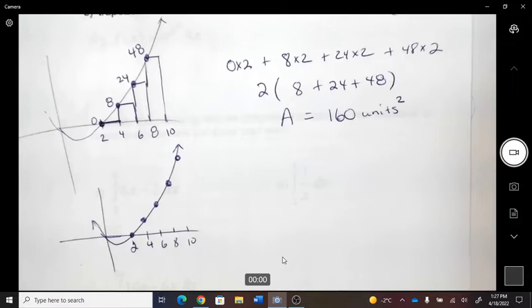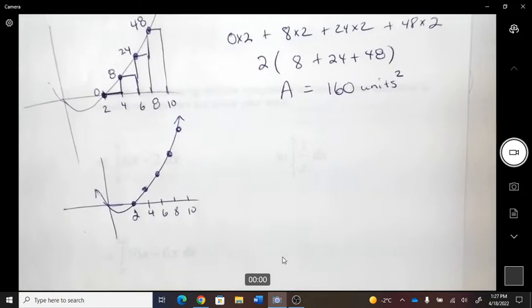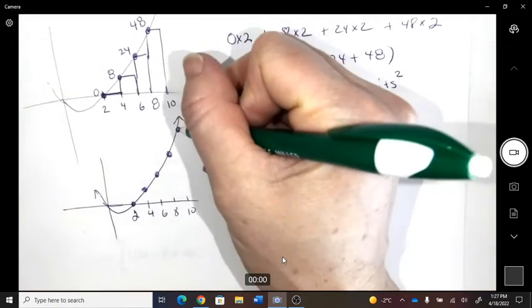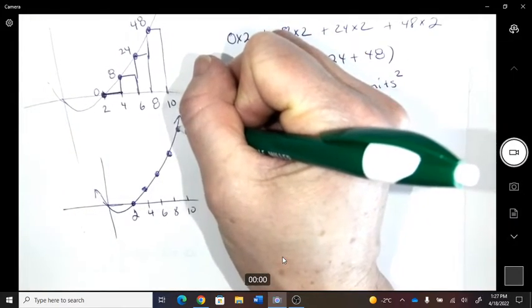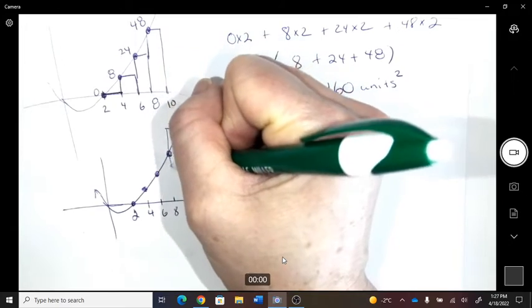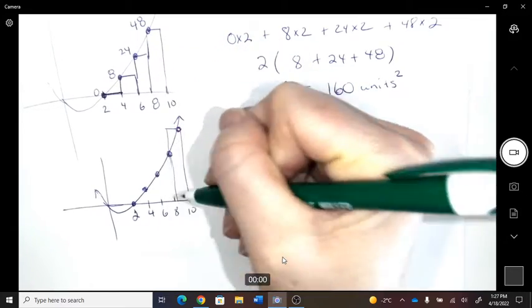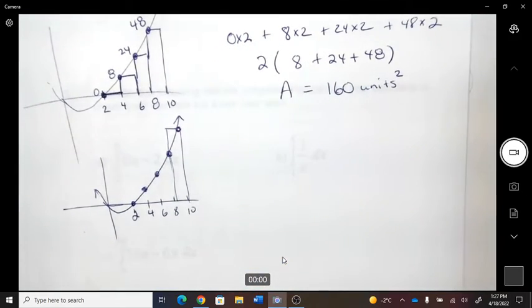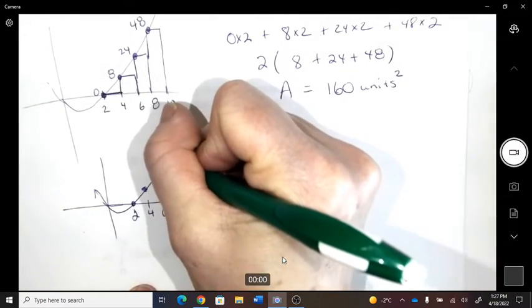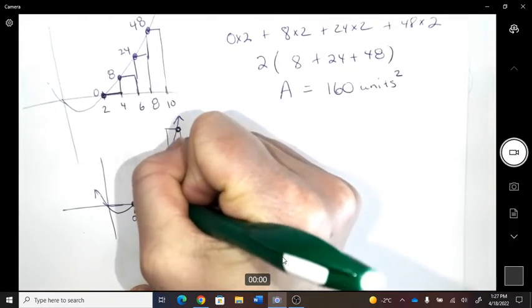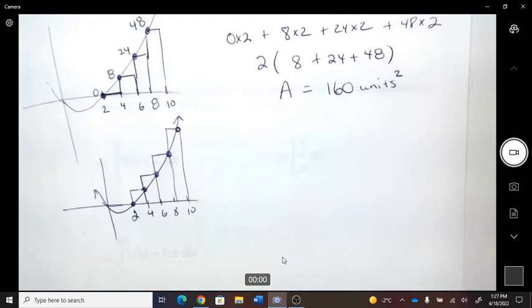Okay, so this time, rectangles from the right-hand side. So I'm actually going to start literally from the right-hand side when I draw them. So that's from 10. So these ones are all going to be above. So it's an overestimation.